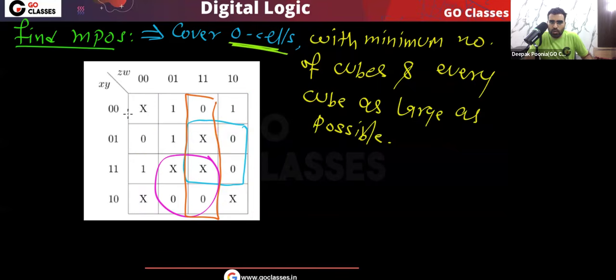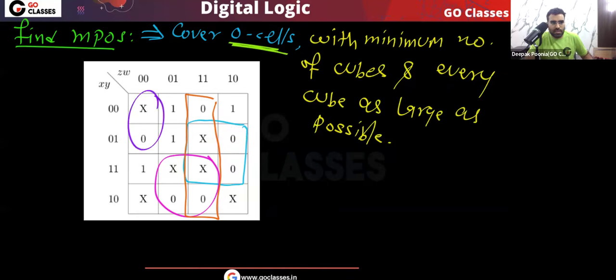So to cover this zero, I need a size 2 cube. Only this zero is remaining; all the other zeros are already covered. So either I can do this or I can do this. Both are perfectly fine.